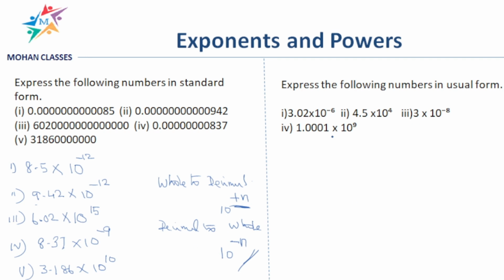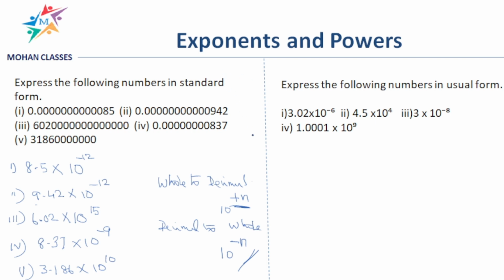So express the following numbers in usual form. Now it is in a scientific notation. We have to represent in the usual form. So the reverse. So here 3.02 into 10 to the power of minus 6. That means what? We have to bring this in the form of decimal, right? Here minus 6.